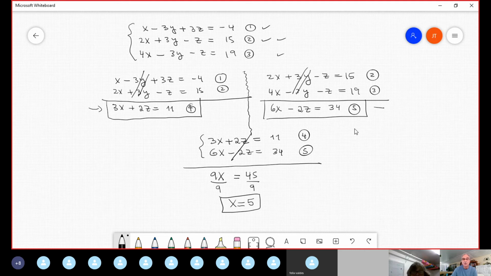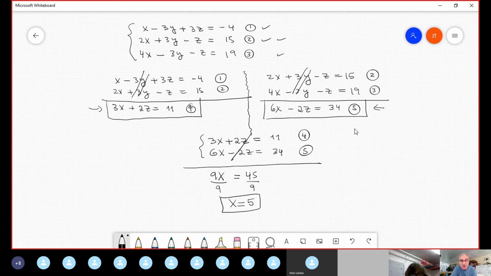The horrible original or the nice 4 and 5? What do you recommend me? I don't know. You don't know? I'm not sure. 4 and 5.